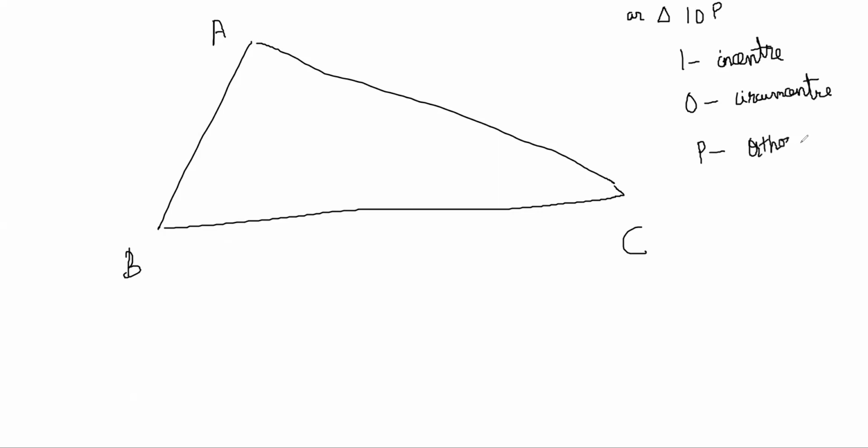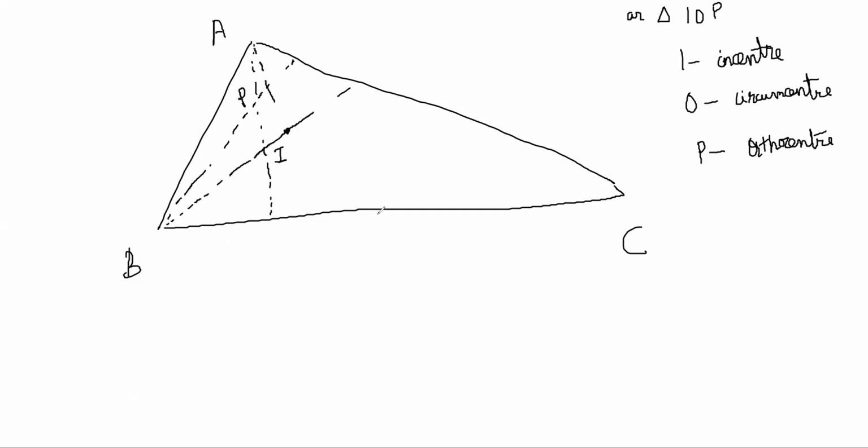Right? So let's draw roughly our points. This is an altitude and this is another altitude. So this is my P. Now angle bisectors, one of them and one of them. This is my I.